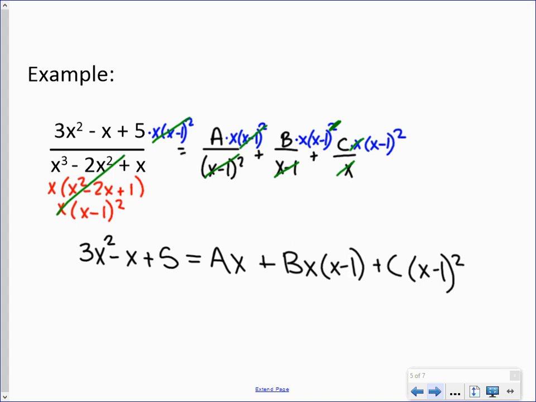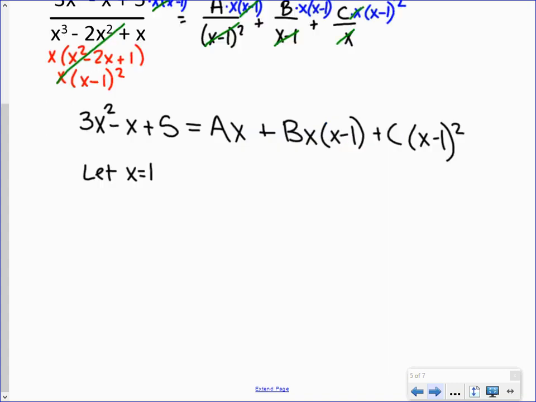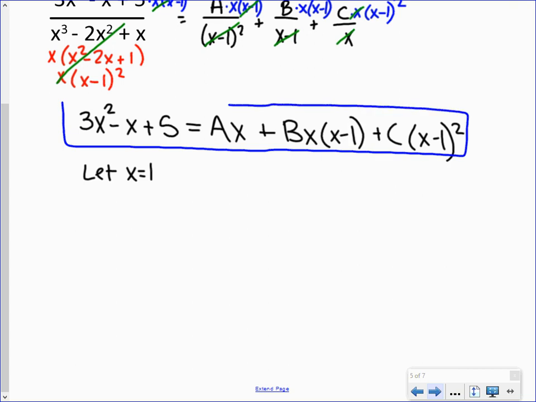Let's let x equal 1. Okay, so we're going to have to plug x equals 1 into this entire equation everywhere we see x. And if I were to do that on the left side, 3 times 1 squared is 3, minus 1 is 2, plus 5 is 7.